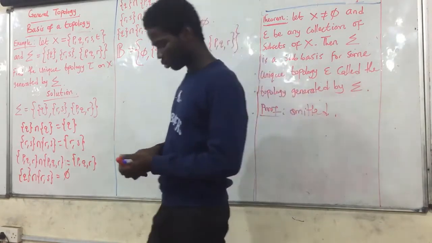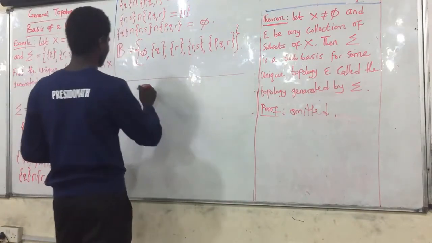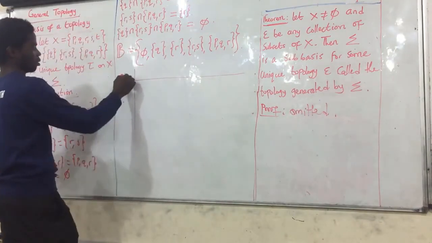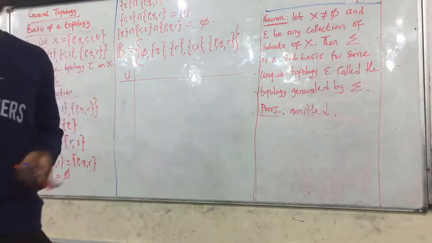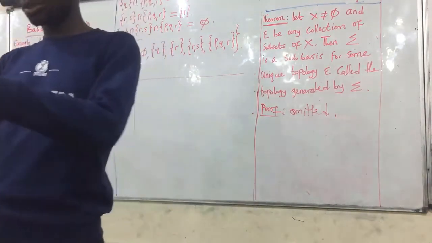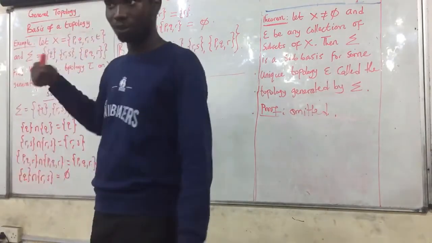We get members of the topology, the elements of the topology, and if you put them together, it's a topology, and that's what they want us to find.